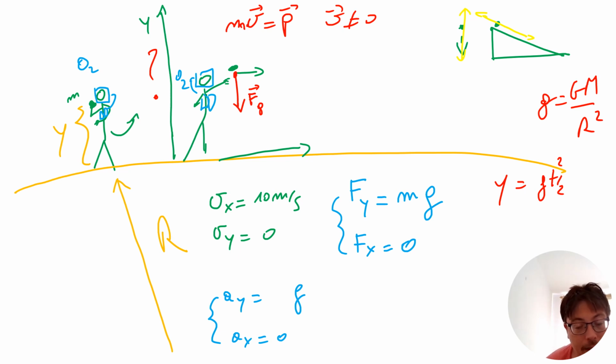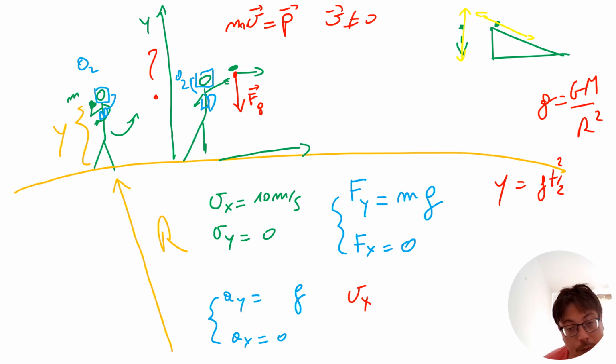Now ax is equal to 0, so the acceleration in the beginning is 0, but when we do v of x, we know that v of x is different from 0.